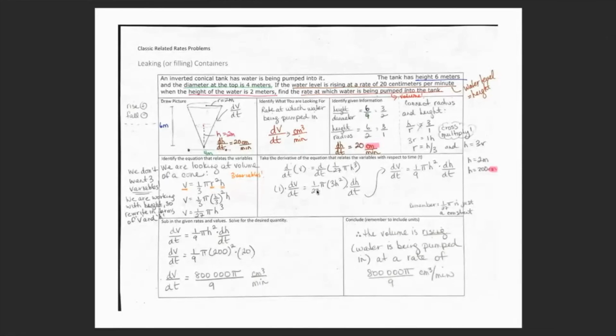So I have 1 over 27 pi times 3h squared, and then I'm going to tag on dh/dt from my implicit differentiation. When I simplify that, I get dV/dt is equal to 1/9 pi h squared times dh/dt. So here's my nicely written formula for dV/dt.